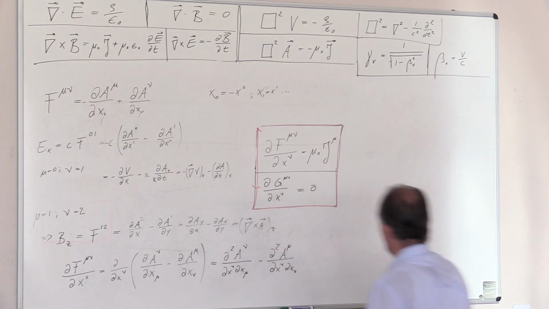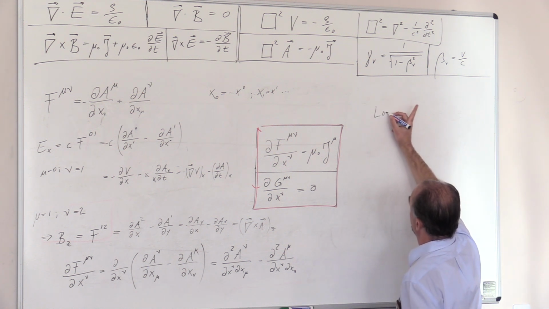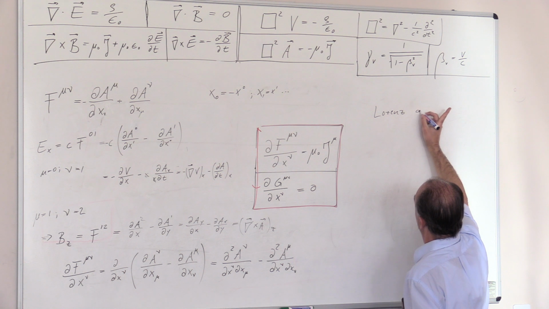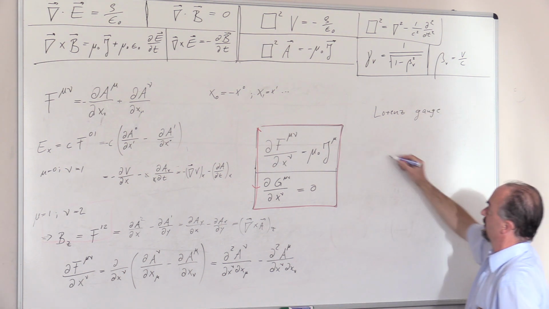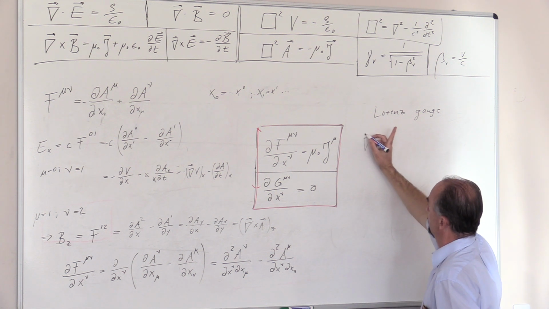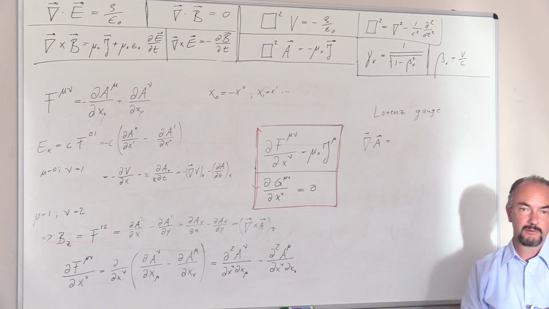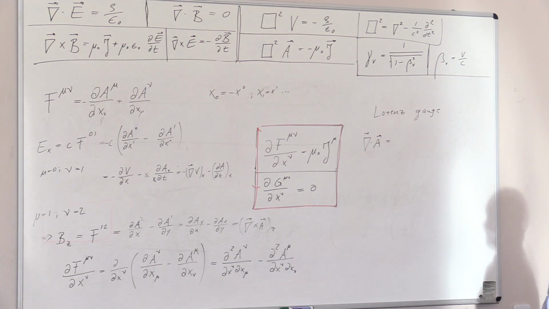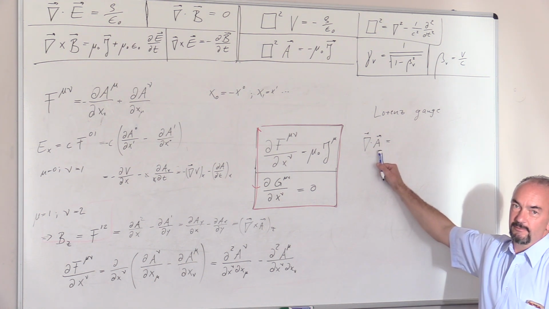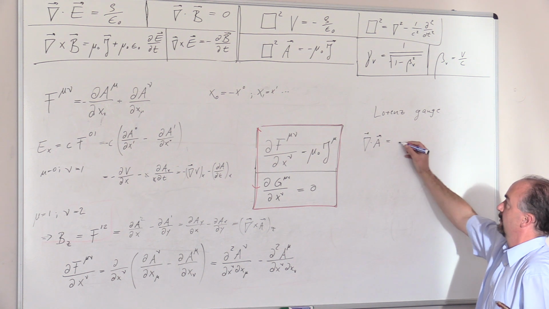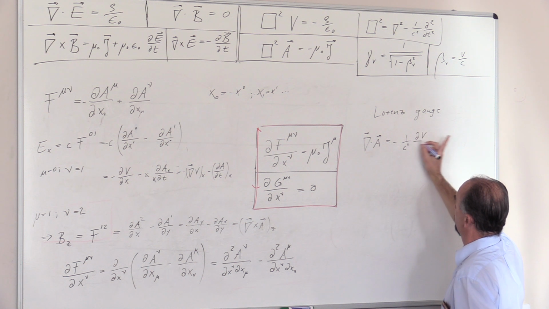Now we can switch these here and see what the Lorentz gauge actually tells us. What was the condition for the Lorentz gauge? Both gauges told you something about the divergence of A. The Coulomb gauge was 0, and the Lorentz gauge was minus 1 over c squared dV over dt.